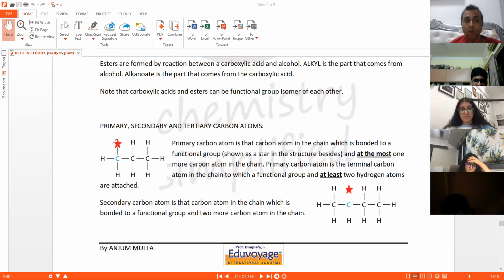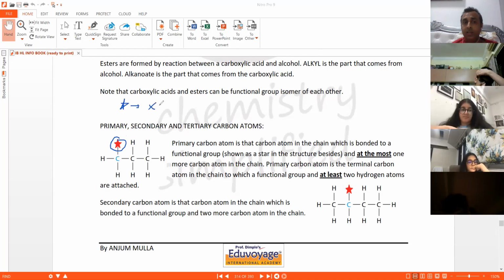And if there is OH here, then this becomes an alcohol. Let's restrict to that, because primary, secondary, tertiary you have only in these two cases: primary, secondary, tertiary alcohols, and primary, secondary, tertiary halogenoalkanes. So the star here can be a halogen X, or it can be OH. I'm taking only these two cases. Instead of halogen and hydroxyl, I will say star.